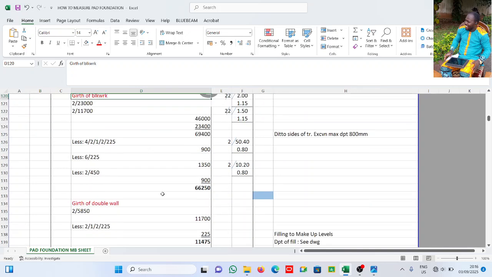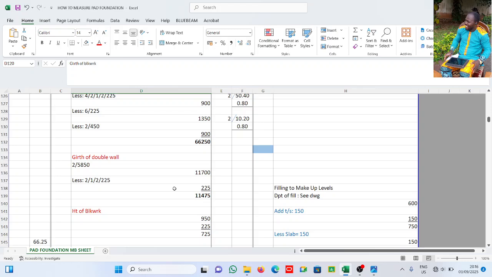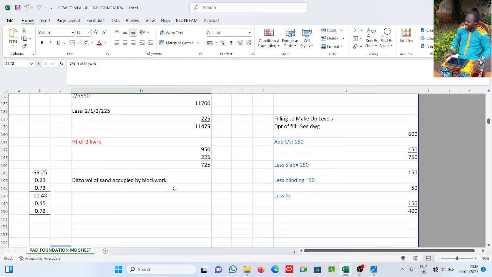If I calculate this here, I do not have to calculate another girth of block wall again by the time I get to that point. That is why it is important to calculate this displacement, or the soils you are going to cut away. It is that important.